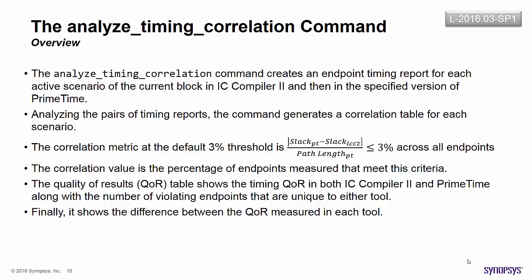The correlation metric at the default 3% threshold is PrimeTime slack minus ICCII slack, divided by PrimeTime path length. It's less than 3% across all endpoints. The correlation value is the percentage of endpoints measured that meet this criteria.